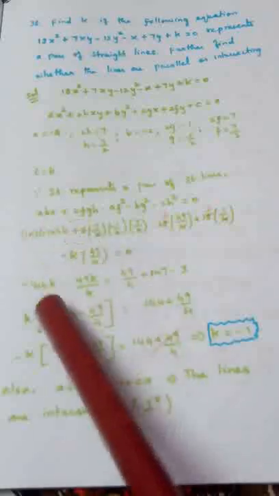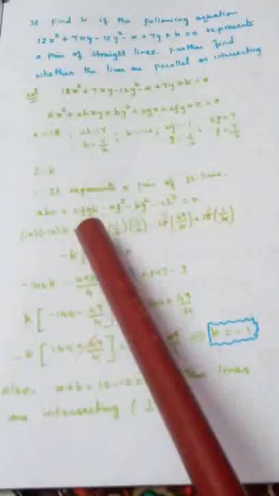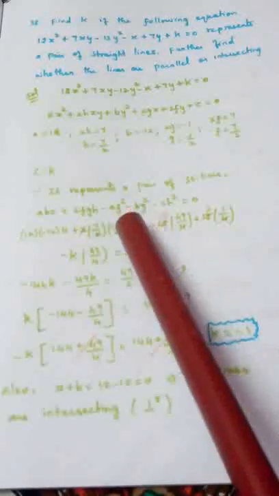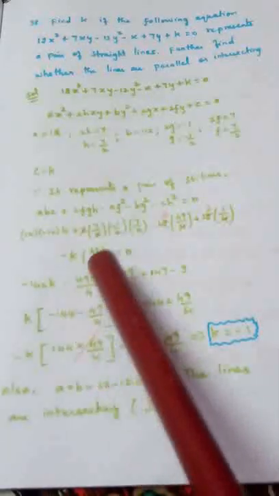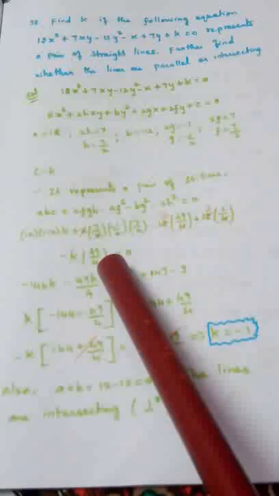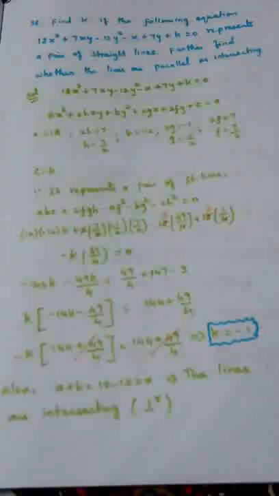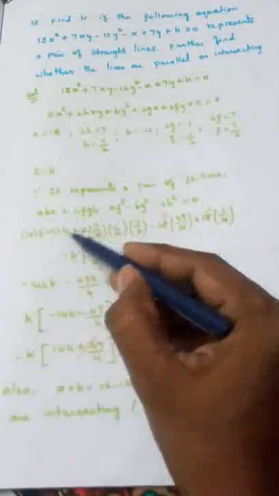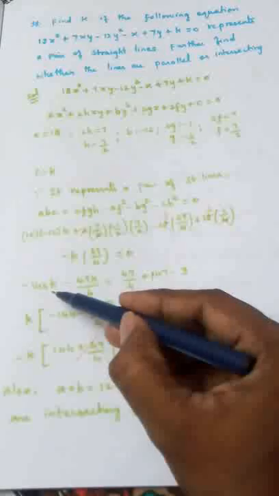Simplifying this, we will be getting minus 144k. Here 1, 2 and 2 get cancelled. 7 into 7, 49 with minus symbol, so minus 49 by 4. 1, 2 and 2 get cancelled. By simplifying this, you will be getting minus 144k, right?